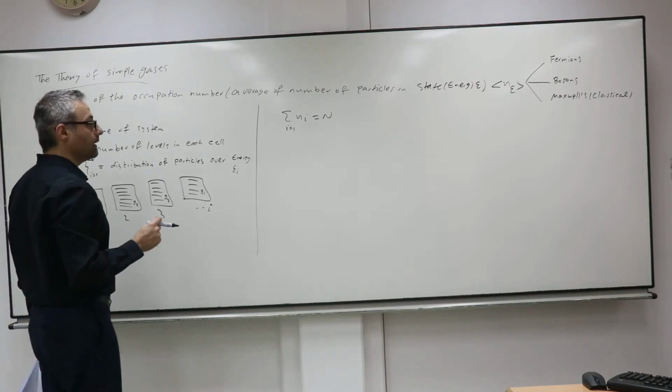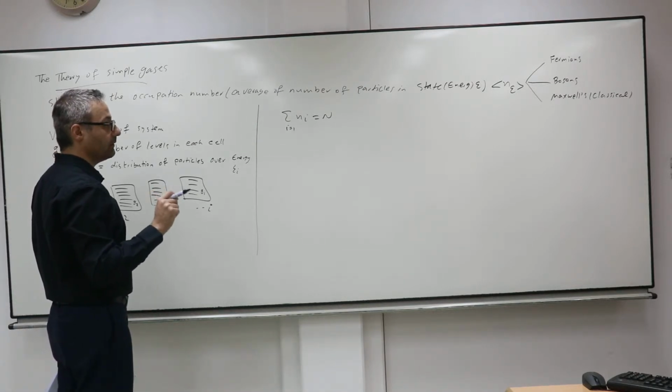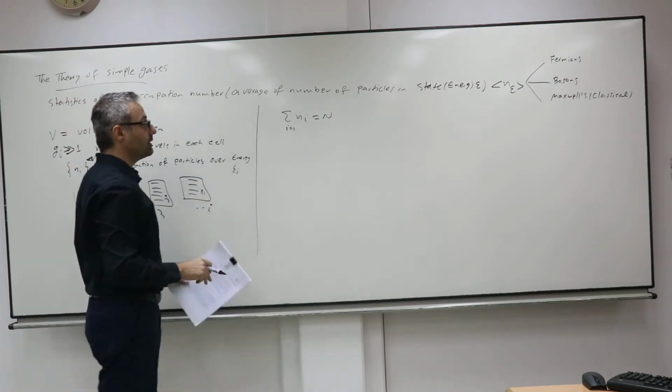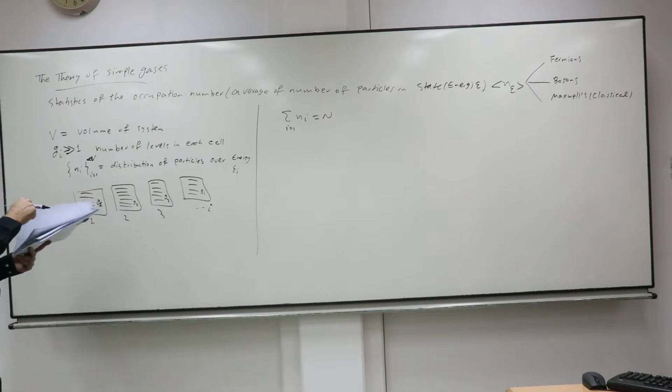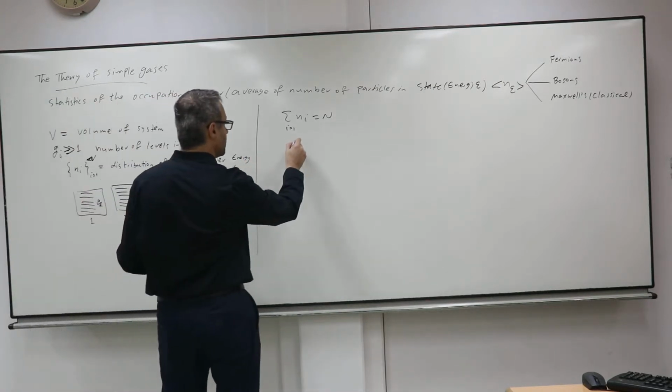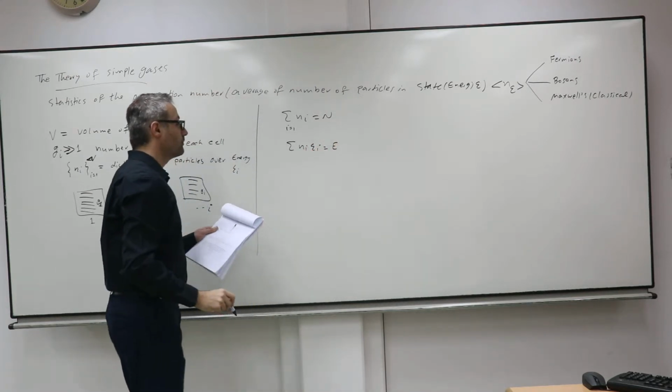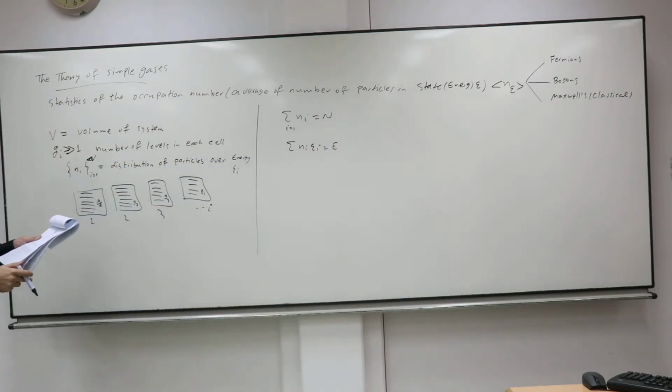Ni is now the number of particles which sit in the energy level Ei. So sigma Ni is N. The other thing is the definition of the average: the total energy of the system, sum of Ni Ei, is E. This is almost the same as we used before, just the interpretation is different.